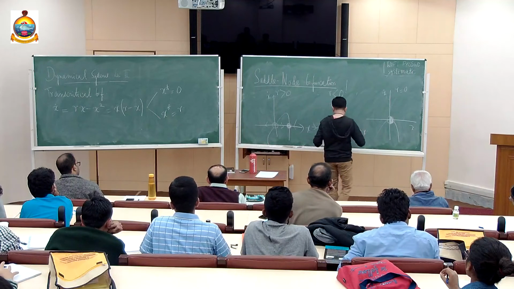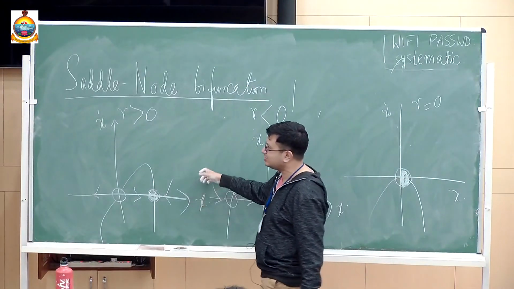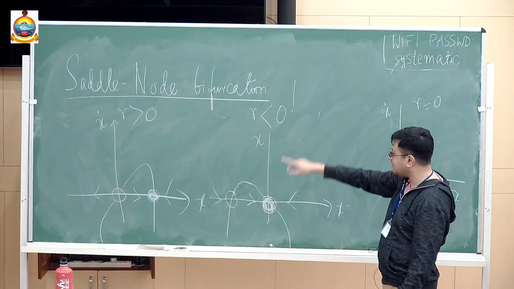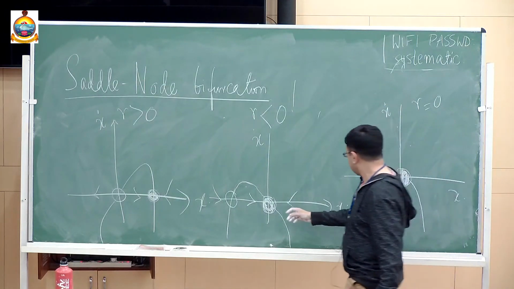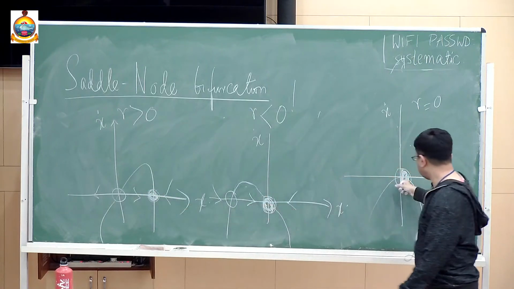If this is not clear, then forget it, but at least this should be clear that here the situation is very different from what we had in the case of saddle node bifurcation, that a fixed point exists for all values of r. You had two fixed points, they became one.